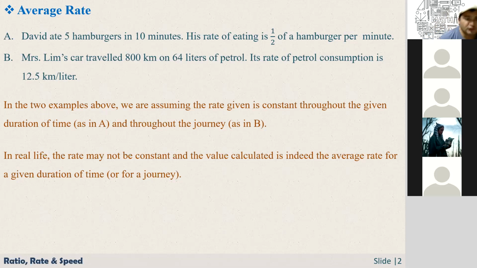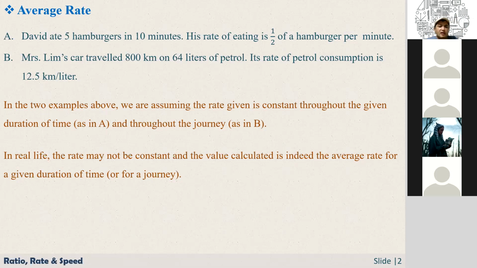What do we mean by this? For example, if David ate 5 hamburgers in 10 minutes, on average, we can say he eats 1 hamburger in 2 minutes, or half a hamburger in 1 minute.